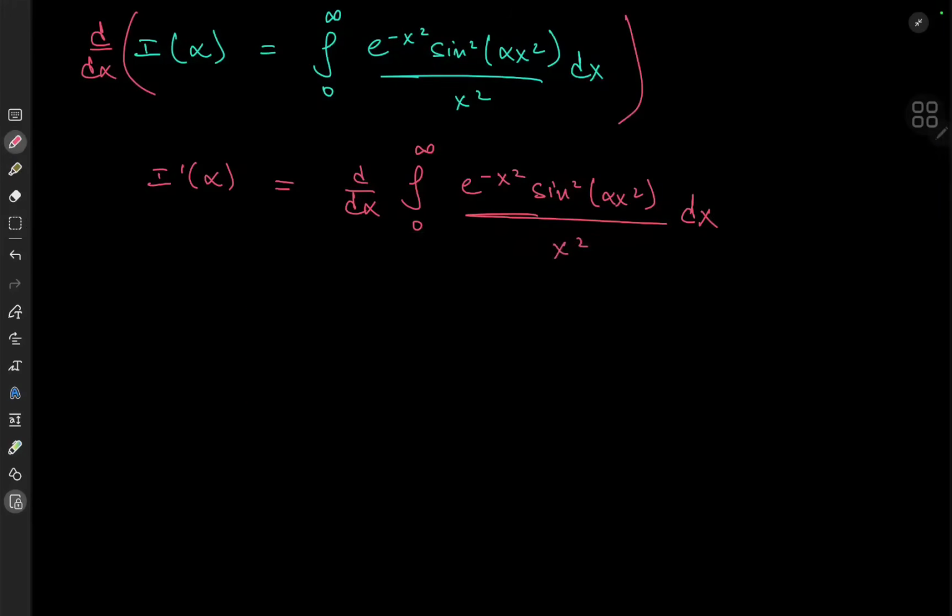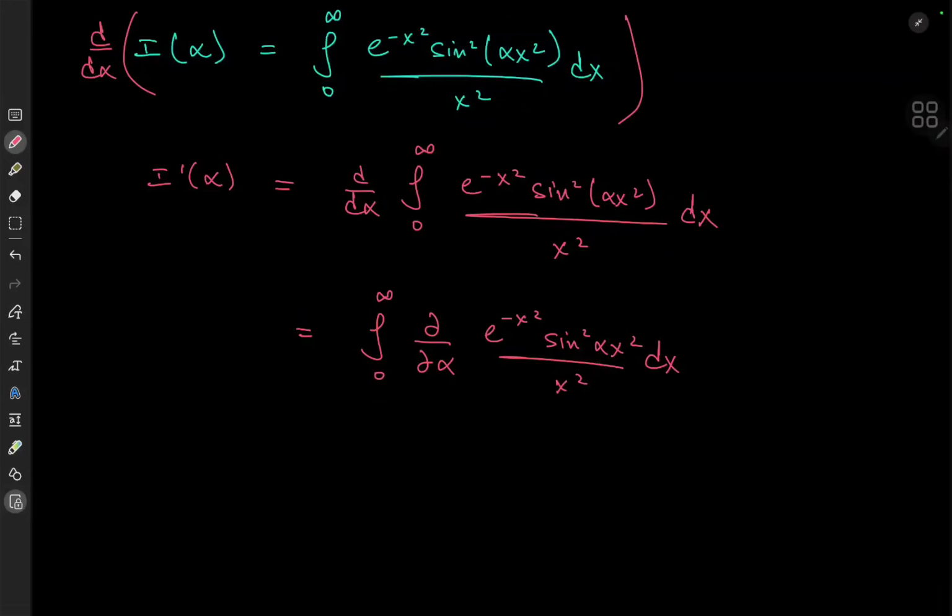order of the operators. So by the Leibniz rule, we have the integral from 0 to infinity of the partial derivative with respect to alpha of e to the minus x squared times sine squared of alpha x squared over x squared dx.